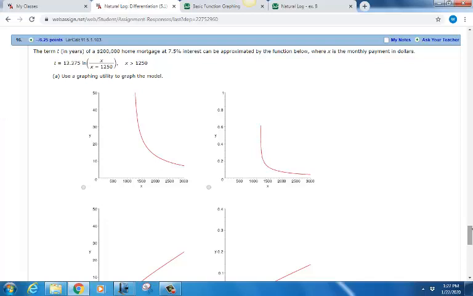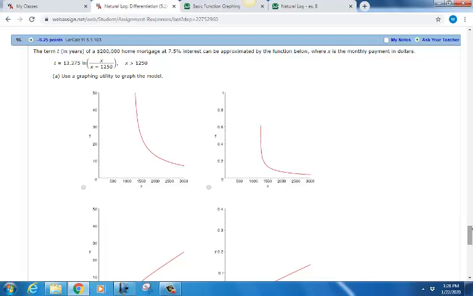A natural log. You know how to compute derivatives of natural logs from this section. So calculate the derivative of this expression and then plug in the 1390 and the 1610. You may have different values in your homework.